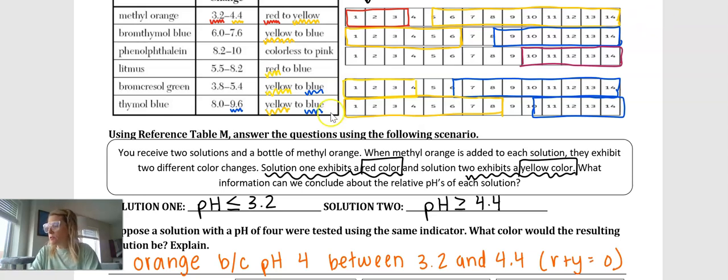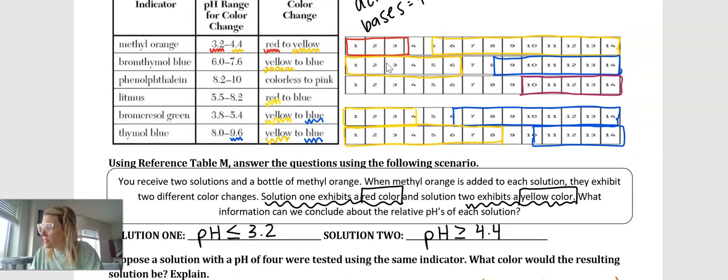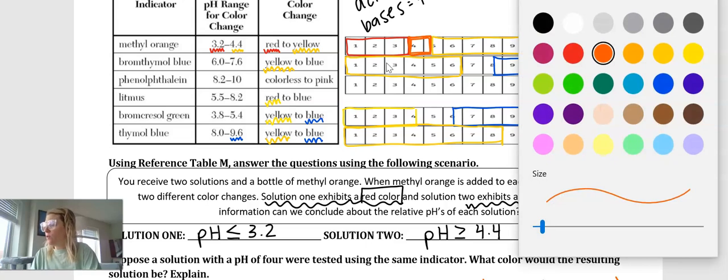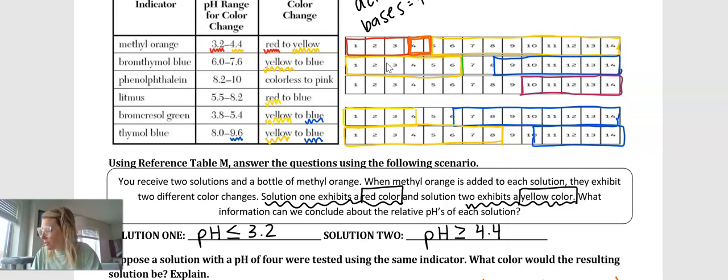So going back up to our table up here, these colors can be mixed to determine what would happen in that pH range between them. So for methyl orange, it would be orange between. For the Bromthymol Blue, we would get a green in between.